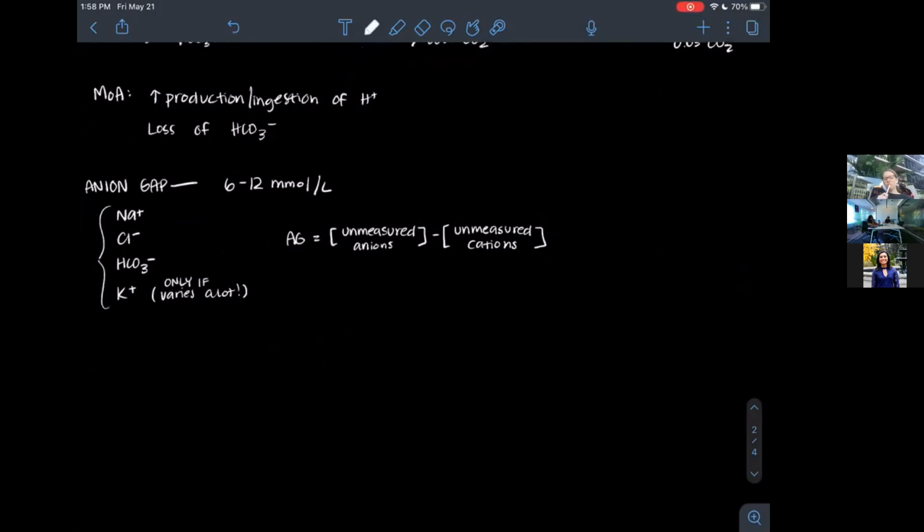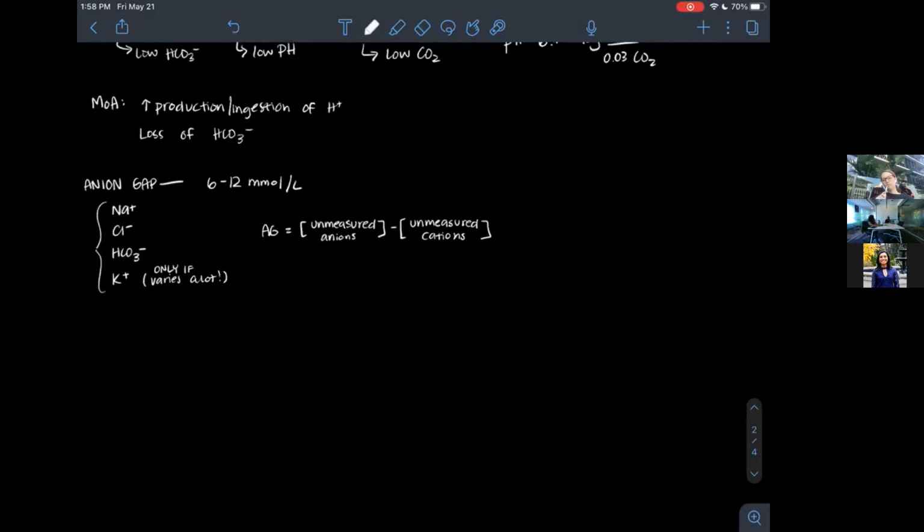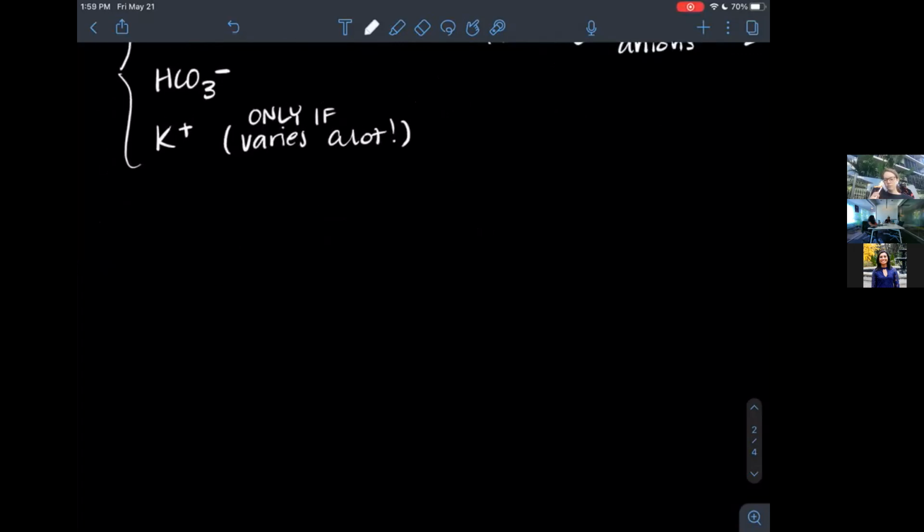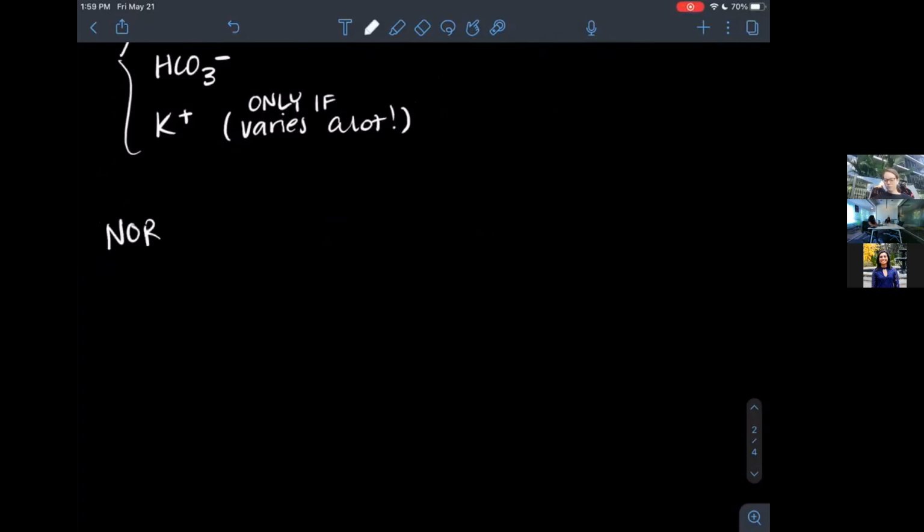How does that help? If your anion gap is within normal range, that means you're mainly just losing bicarb, because it's acidosis. So the main thing is that you're losing bicarb, and that's going to be compensated with chloride. And that will give you a normal anion gap.